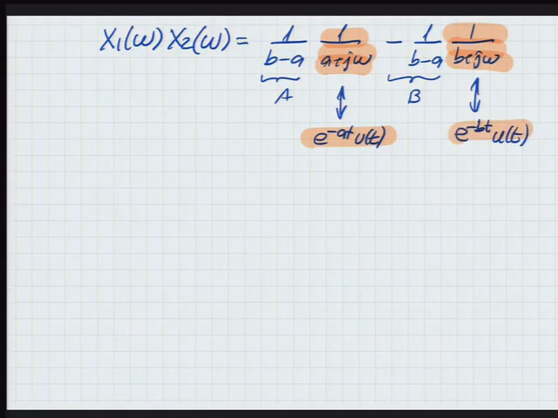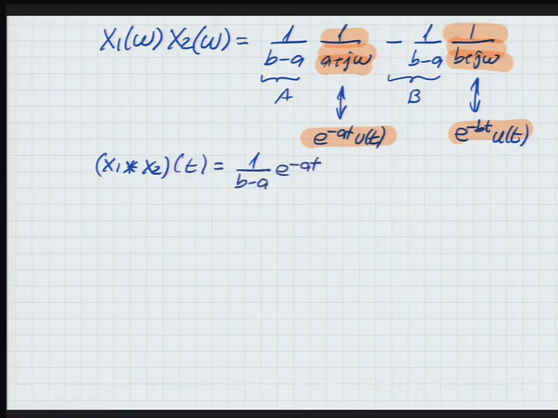So knowing that, going back to the time domain is easy. Using the linearity property of Fourier transforms, I can just say the inverse Fourier transform, which I know is the convolution of x1, x2, is 1 over b minus a times e to the negative at. And I have the same coefficient with the opposite sign.